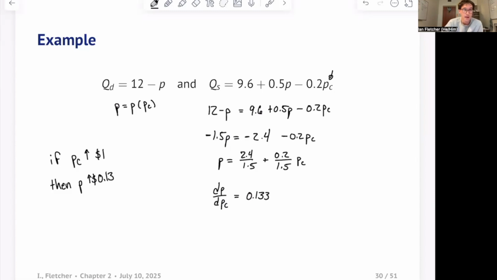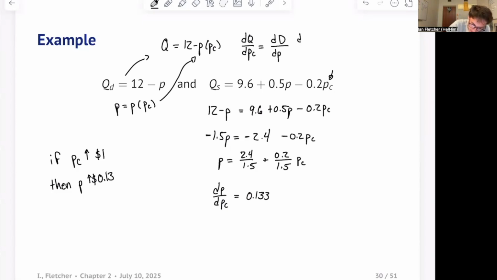Okay. Now, if we wanted to think about this the other way, to figure out quantity demanded, we know this is true. And so dQ/dPc, because we know this is here, dQ/dPc should equal, and this is just pulled from above, replace the Pc's with A, and you'll be able to find it.